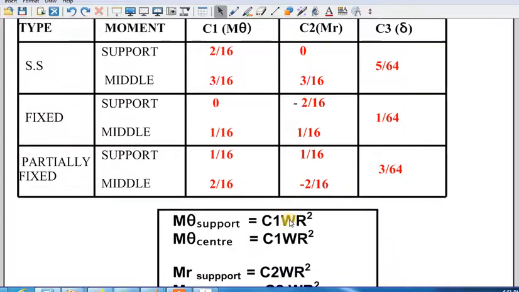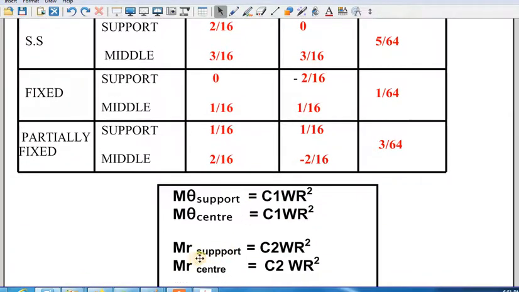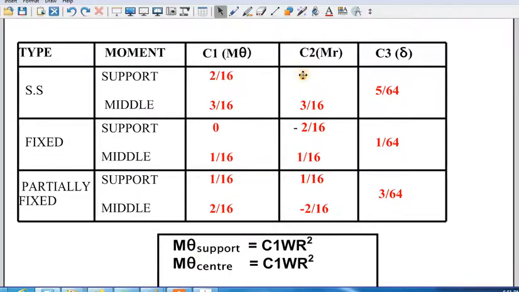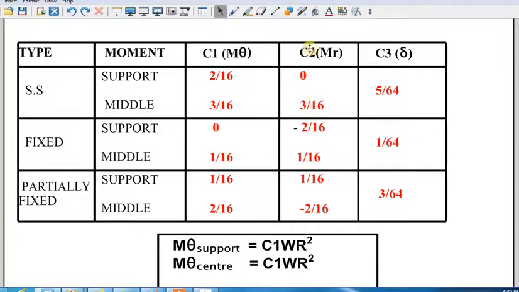Similarly, for the radial moment at support it is 0, and at the middle it is C2 W r square, where C2 is 3 by 16. In the same way, for fixed, at the support it is 0, and the tangential moment at the middle is 1 by 16 W r square. For partially fixed, at the support it is 1 by 16 W r square, and at the middle it is 2 by 16 W r square.